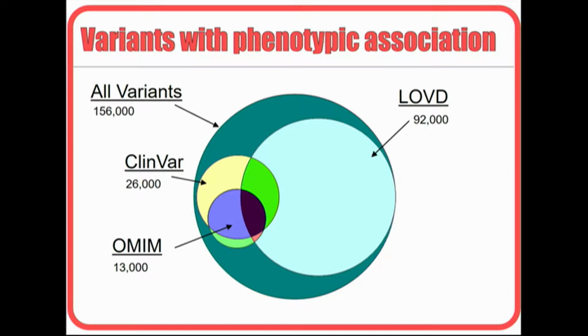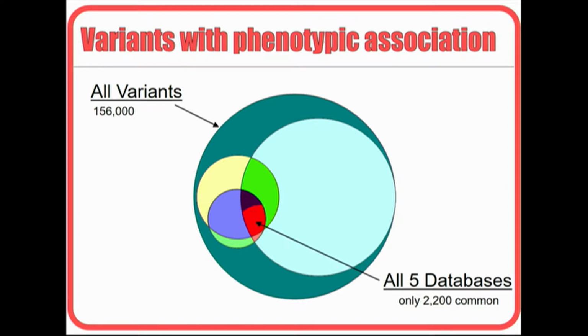And so this is an intersection, a Venn diagram that shows all of the variation in the 3 biggest variant databases at that time. And each of them has some that the others don't, and they share some with each other in various combinations. And in fact, of the 5 databases, only 2,200 are common to all of them. So the chance of having a database at random and a variant at random and having the variant be in the database are not high unless you look at all of them.